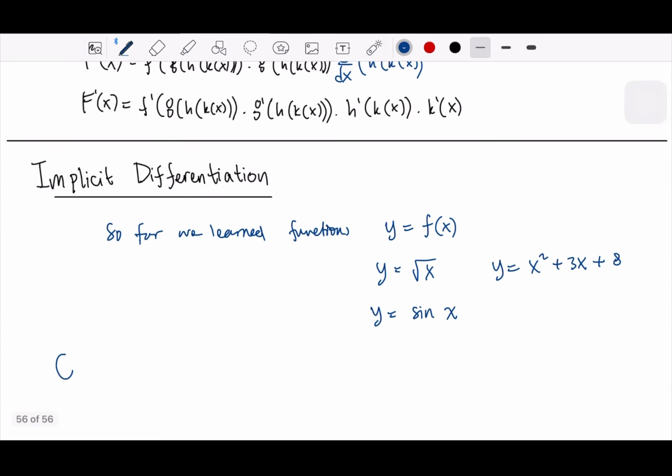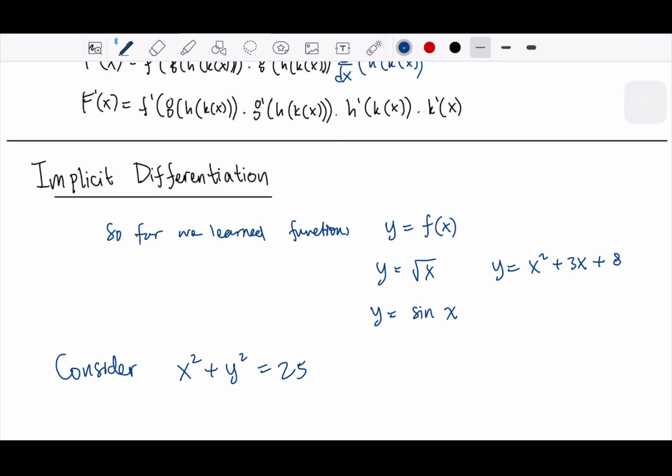For example, let's consider the circle equation: x squared plus y squared equals 25. Sorry, it's squared.